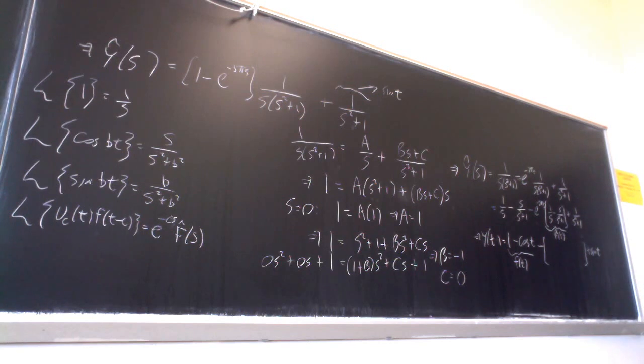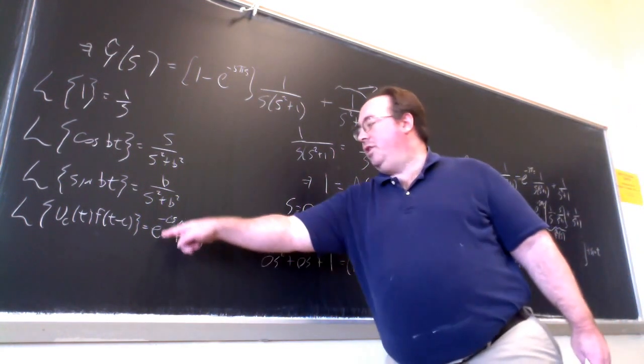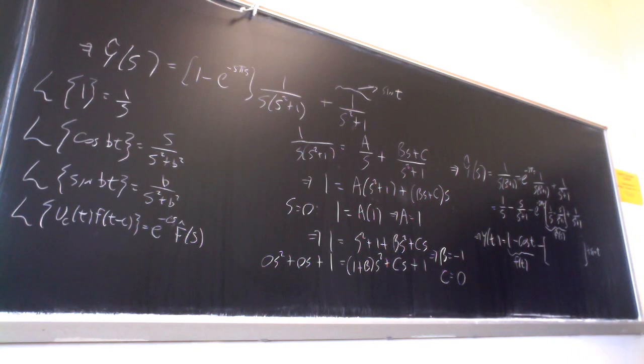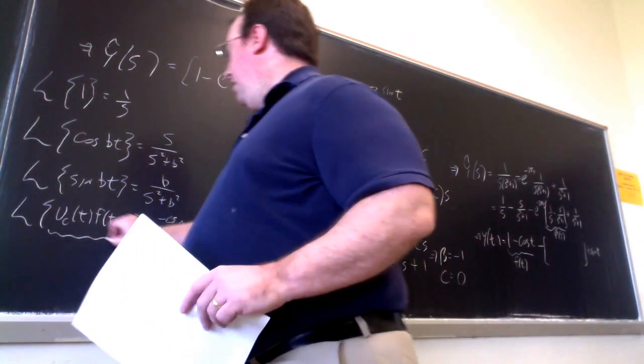Okay, so now the tricky part. When you go ahead and inverse transform this, and you're fitting it to this rule, we know what c is, we now know what f hat of s is, so we also know what little f of t is. So what's supposed to go here? You know it's going to be something of this form.